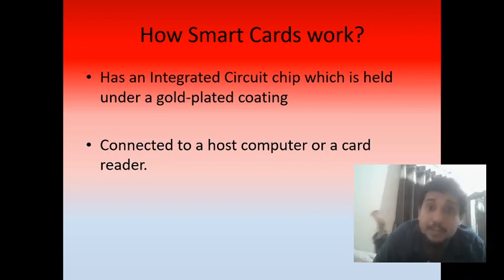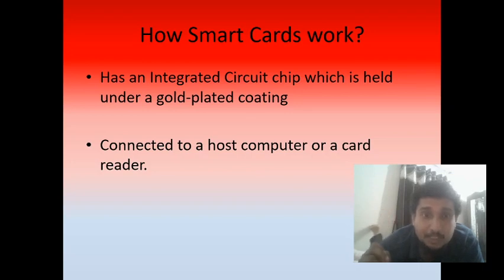So how does a smart card work? The answer to this question is the same as how an ATM card works. You go to the ATM, you insert the card into the machine, and you can see that the machine reads the data. How does it get the data? It reads the data because the data is stored in the chip. As you put the card into the machine, it reads the chip which is located under the gold plated coating.